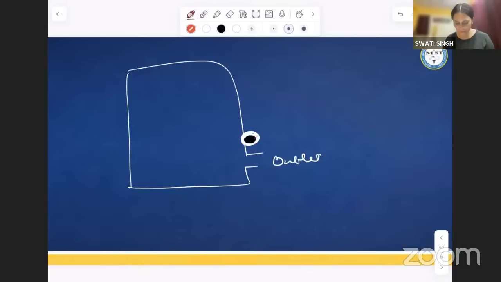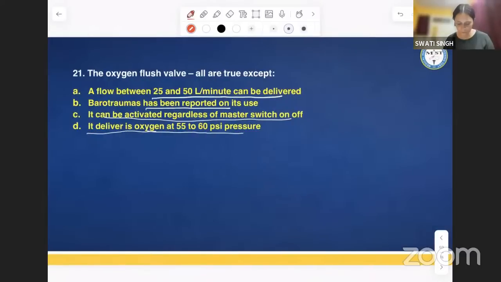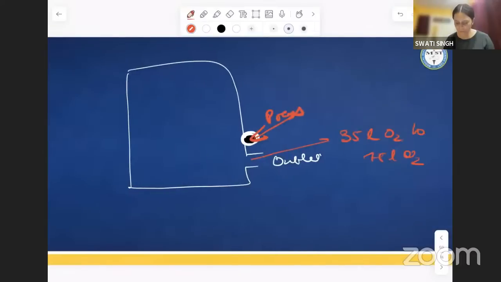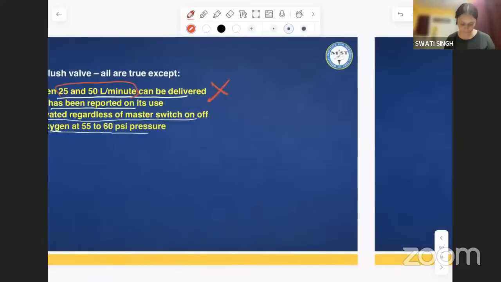When we press it, it releases from the outlet a minimum of 35 liters to 75 liters of oxygen. Correct? So the first option, flow between 25 to 50 liters, is incorrect. Now, this is something which comes under the intermediate pressure system.